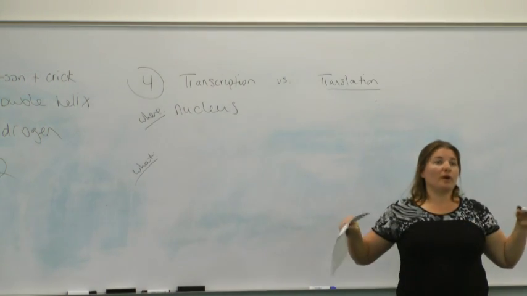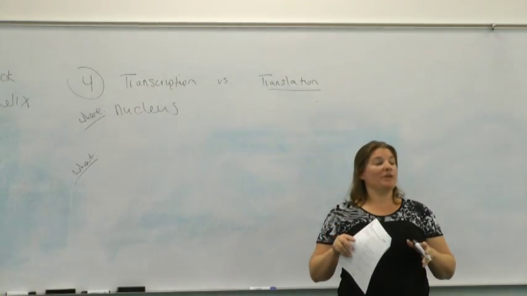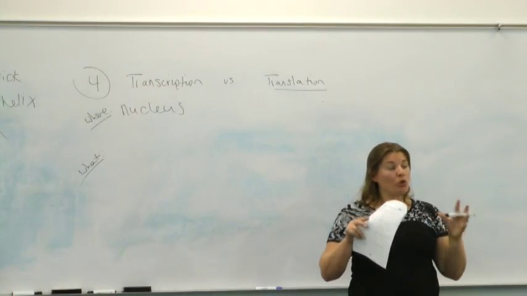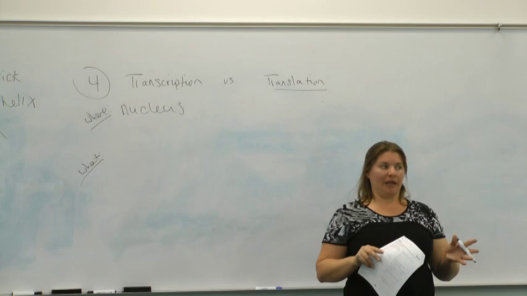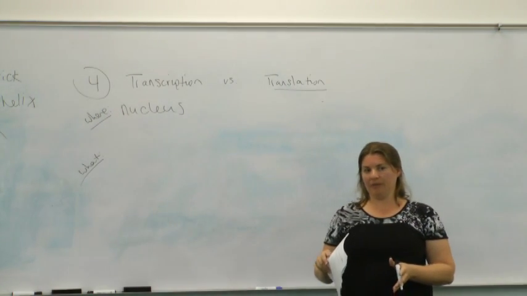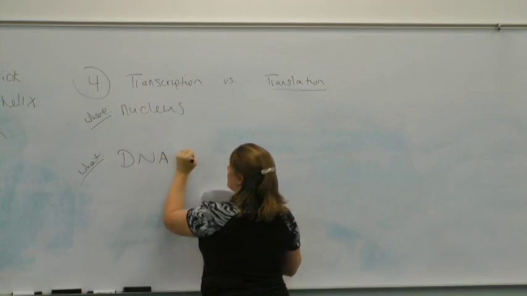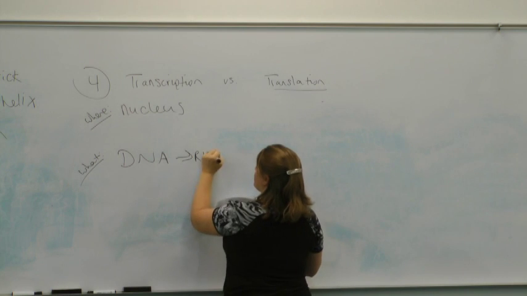And so to use words other than transcribed, okay, it's not improper what you said, we can say that the nucleotide language of DNA is converted to the nucleotide language of RNA, right? Okay, so we can say DNA gets converted to RNA in transcription.